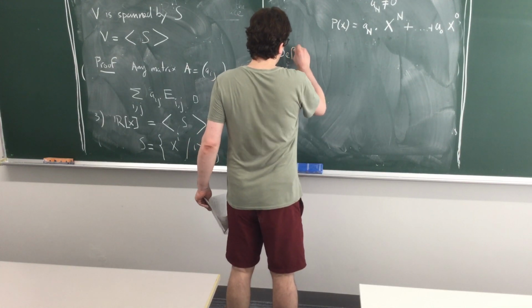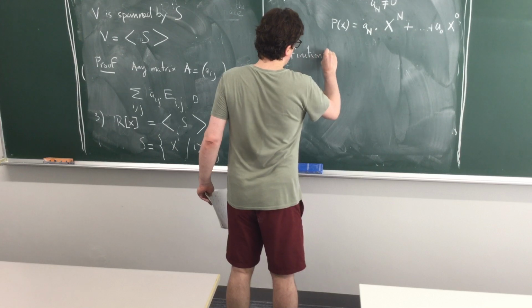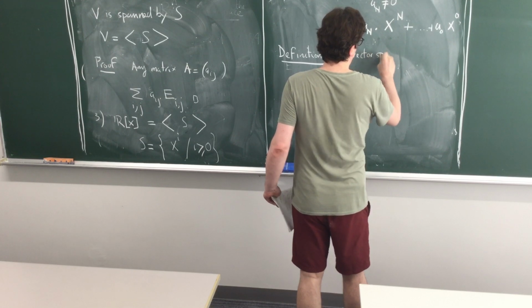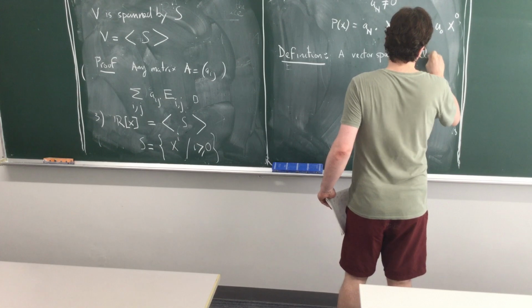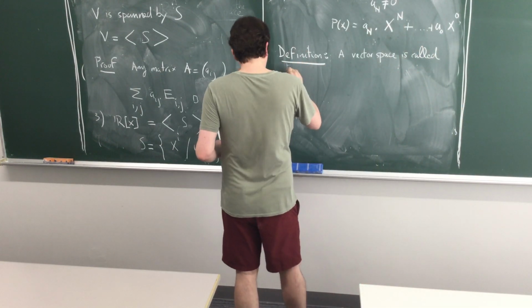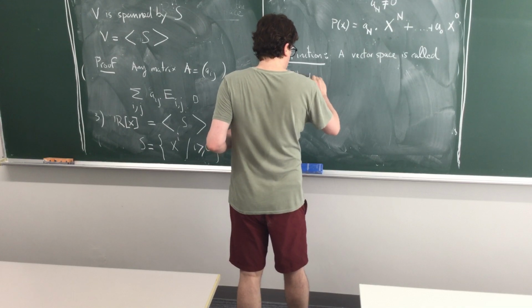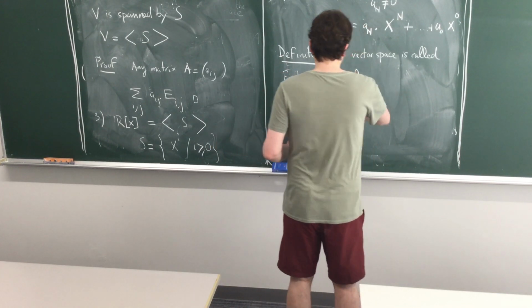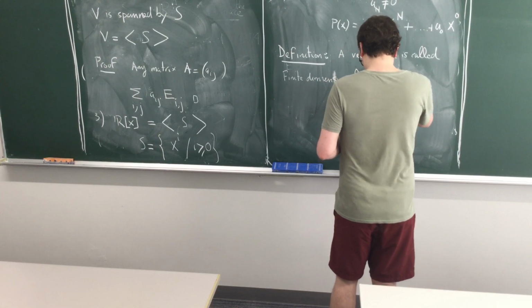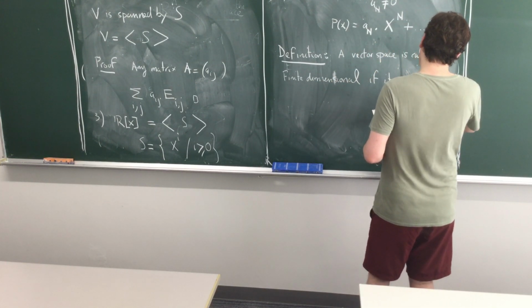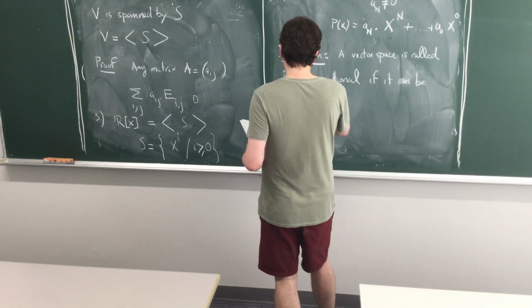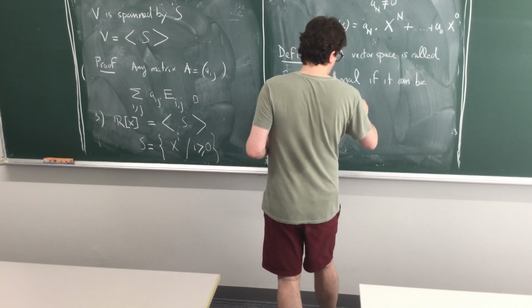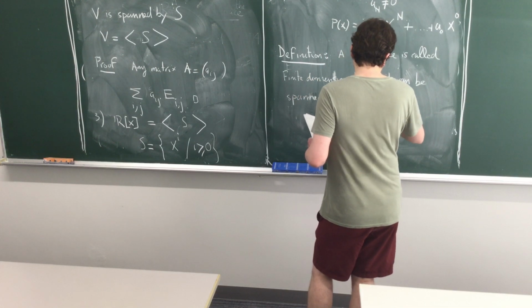We can come up with this definition. A vector space is called finite dimensional if it can be spanned by a finite set.